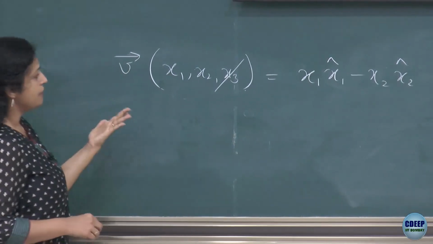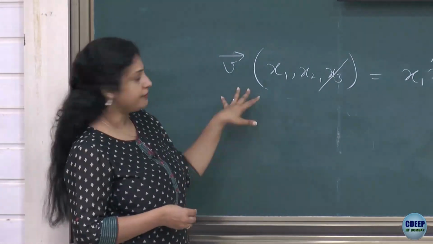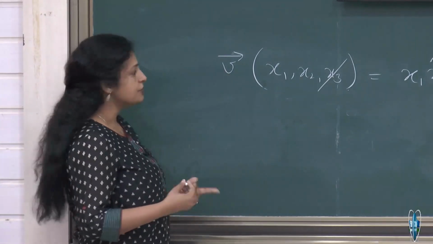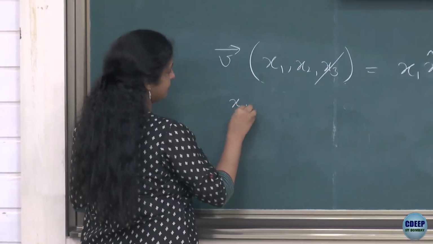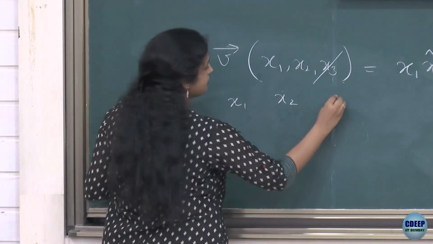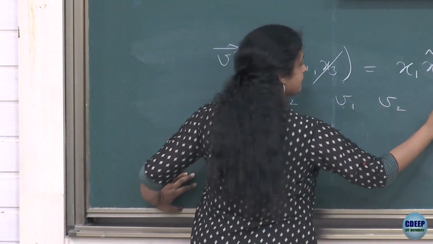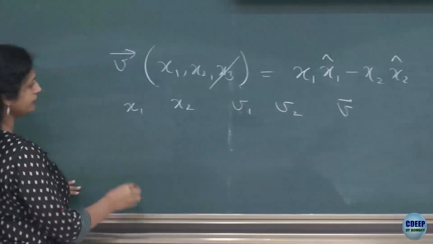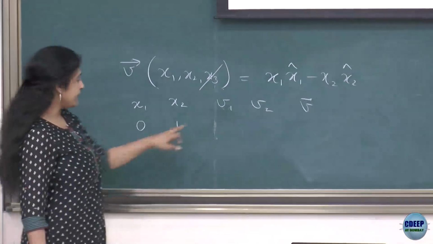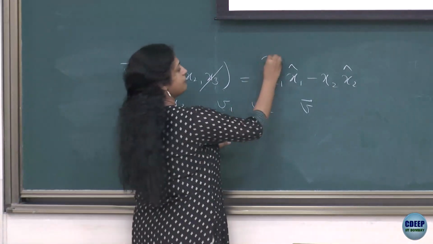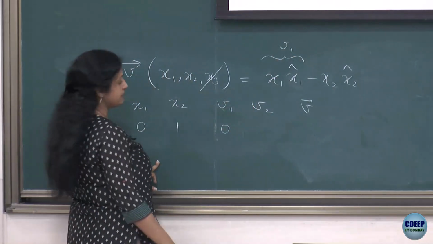So, what this allows me to do is at every point x1, x2, I can find out what the velocity vector is. So, for example, we take different values of x1 and x2. Let us say x1 is 0 and x2 is 1, then the V1 component, which is the component in direction 1, is 0 because it is x1 hat.